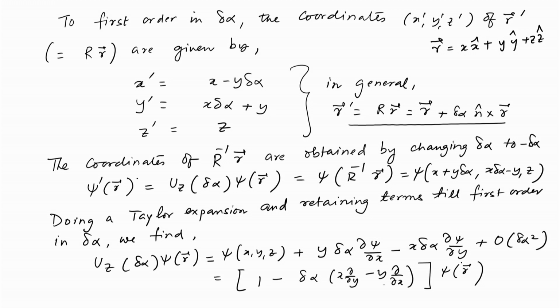Just to remind you that a function f of x, done a Taylor expansion about some x 0, is equal to f of x 0 plus x minus x 0 times f prime evaluated at x 0, and so on. And then there are terms of the order of x minus x 0 whole square, and that is what we have done here. So, if you do a bit of simplification, it becomes 1 minus delta alpha times x del del y minus y del del x, acting on psi of r.